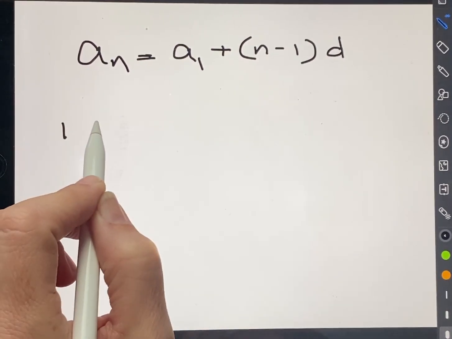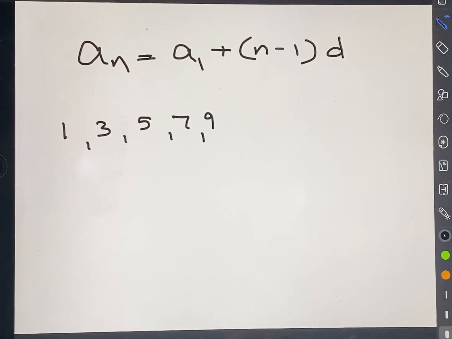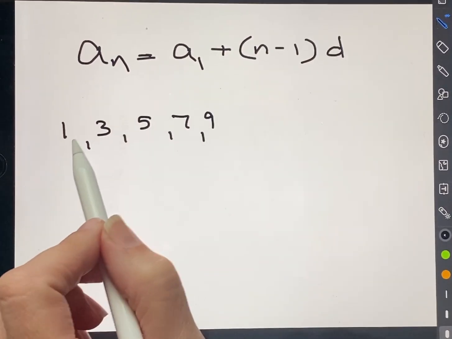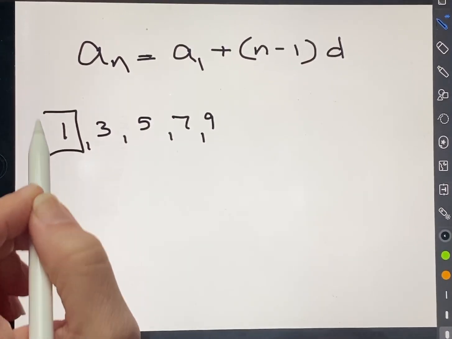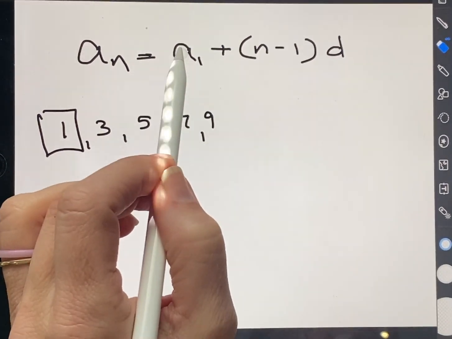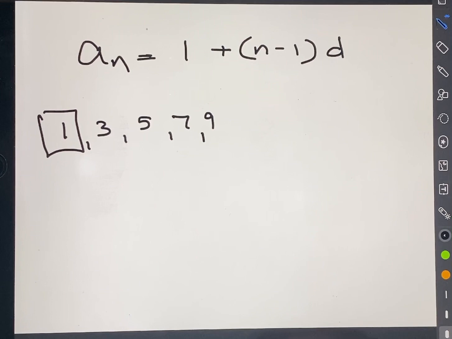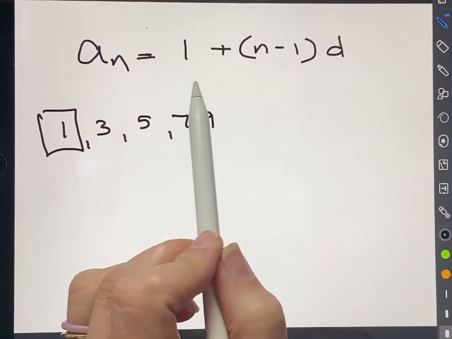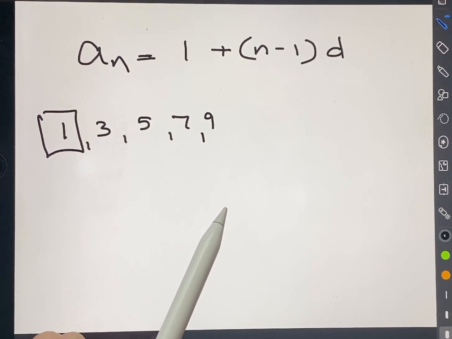They give us 1, 3, 5, 7, and 9. Okay. First and foremost, do we know the first value? Yes, we see that our first term is the number 1. So I'm going to erase my first term and I'm going to put the value 1 right there. Okay. They are asking us to write a generic rule first.